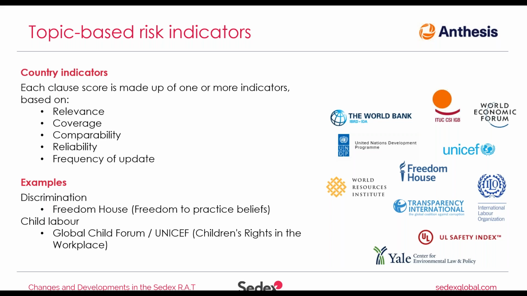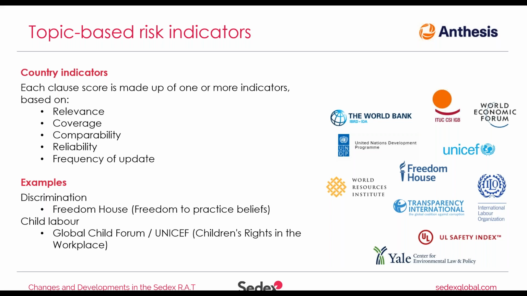And how have we come to decide, amongst all the many sources of information out there on risk indicators, how have we chosen the ones we have? Well, the process was to go through huge amounts of different sources and score them and understand them in terms of those 5 points I've listed at the top of the screen.